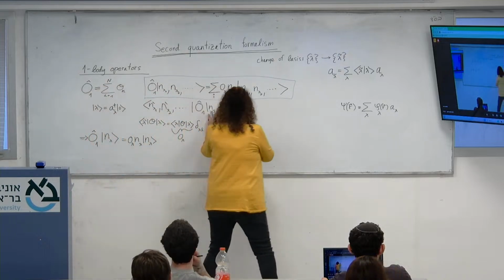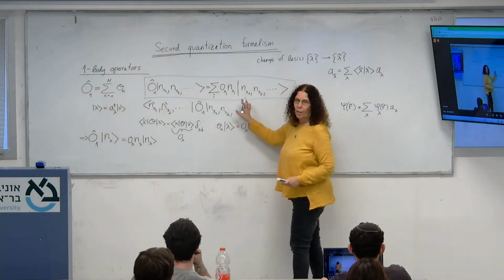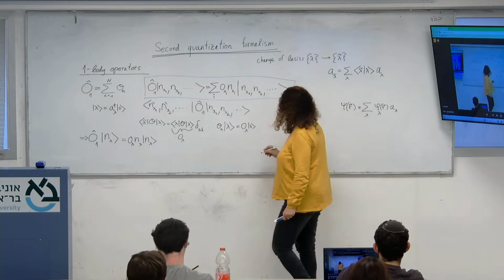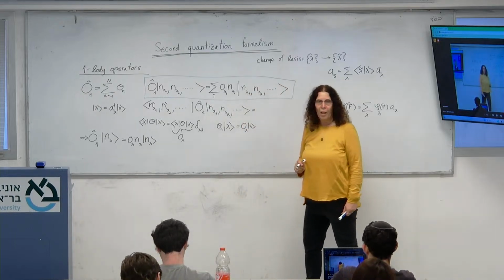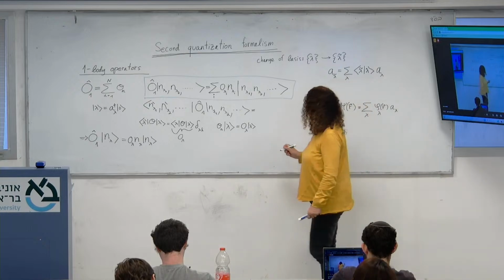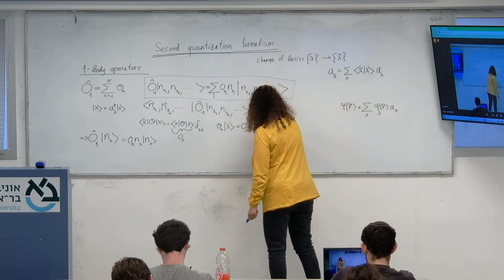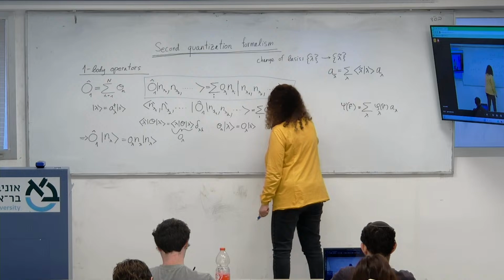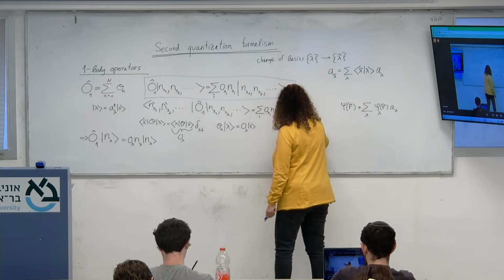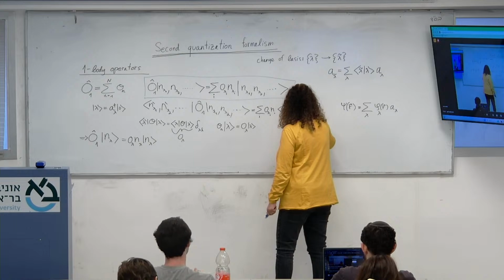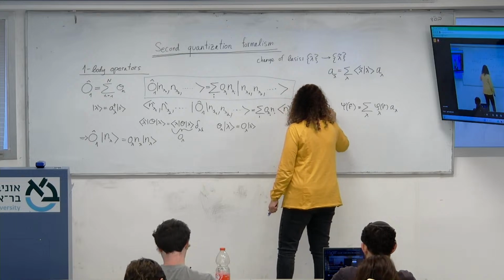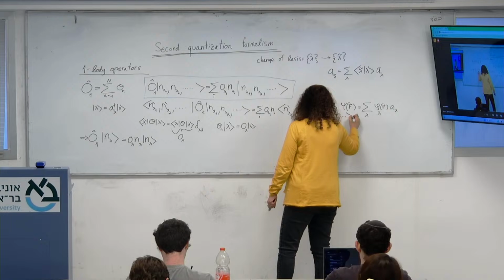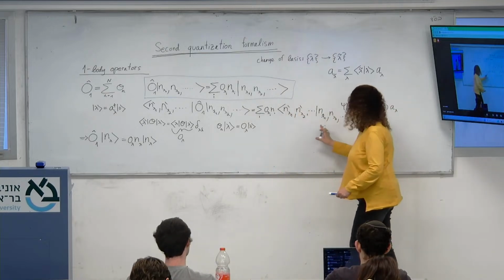But since the right-hand side is an eigenstate, it gives you the eigenvalue times the state. And the eigenvalue is a number that you can take out of the sandwich. You just get the sum over I of O lambda I n lambda I, times the sandwich of n prime lambda 1, n prime lambda 2 with n lambda 1, n lambda 2, etc. And you know what this is?